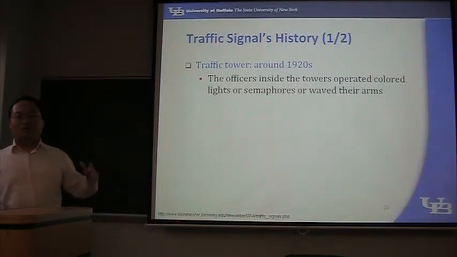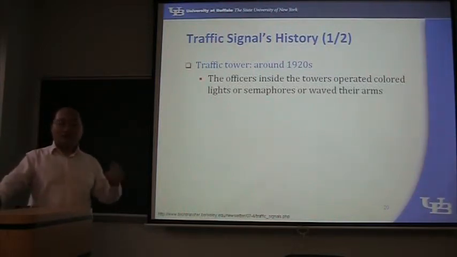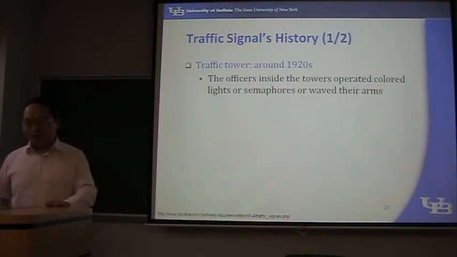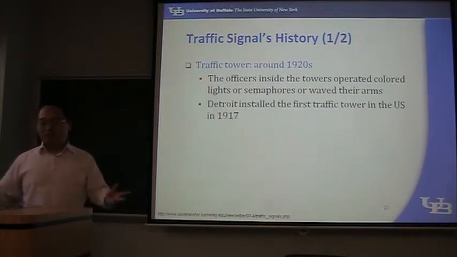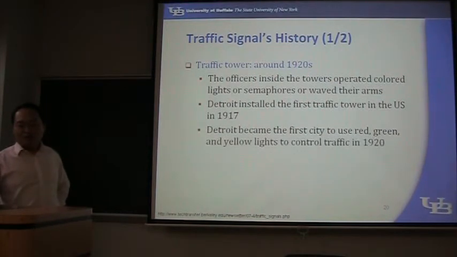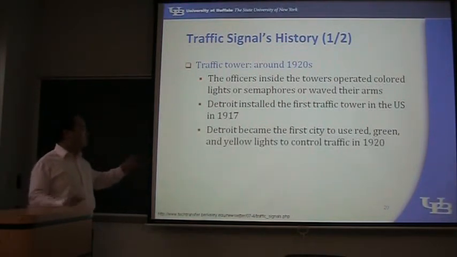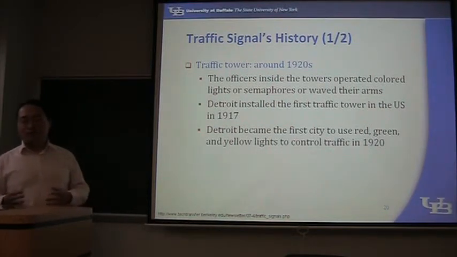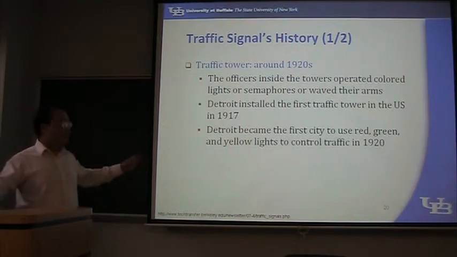This city, I think, has currently been almost deserted, but it's a big city called Detroit. Detroit installed the first traffic tower in the US, and it became the first city to use red, green, yellow lights to control traffic signal as early as in the 1920s.